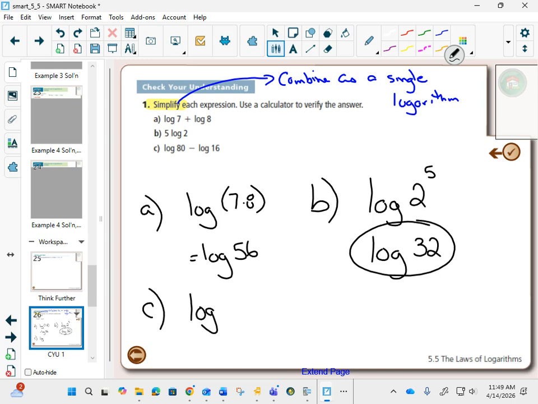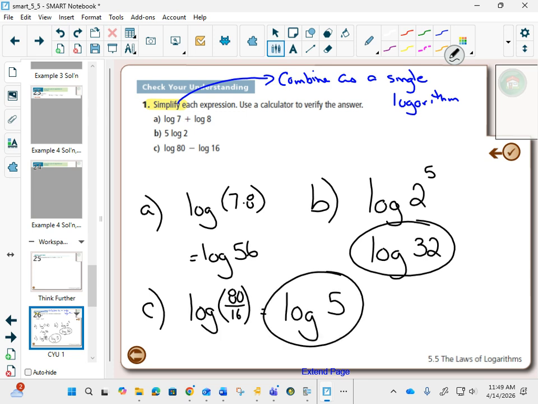Base is 10. 80 divided by 60, which would be log of 5. So if I get a single logarithm, that is considered simplified. Questions to circle, for example 1, are 4 and 12.